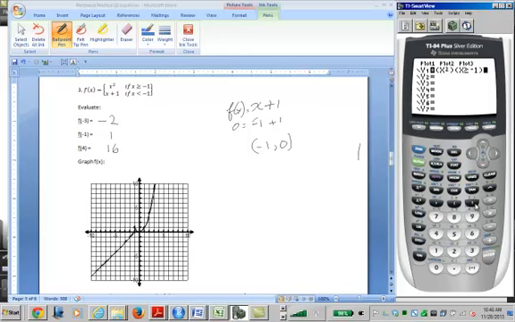Okay, and then open parenthesis, x plus 1, close parenthesis, open parenthesis, x is less than negative 1, close parenthesis.